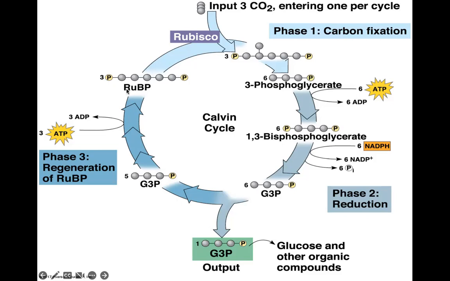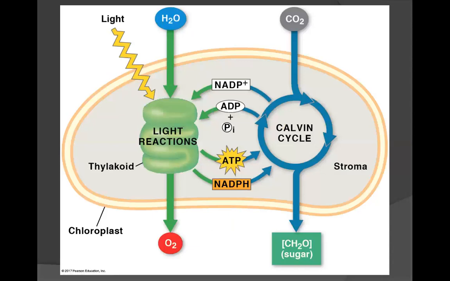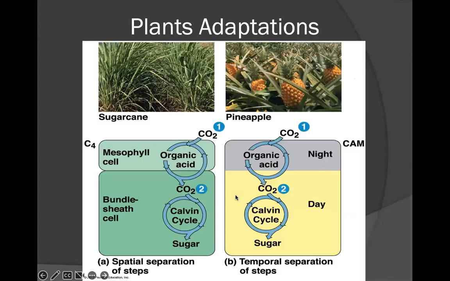And we make our RuBP. Same thing, it keeps going around in a circle, okay? And then you can see here how when our NADP comes out and our ADP comes out, this allows us to reuse those molecules back in our light reaction to again make ATP and NADPH.